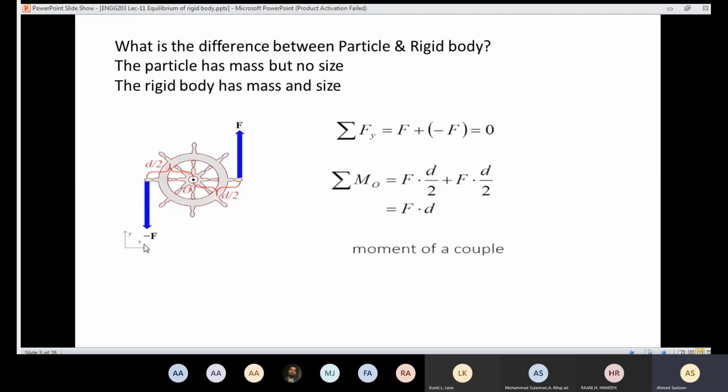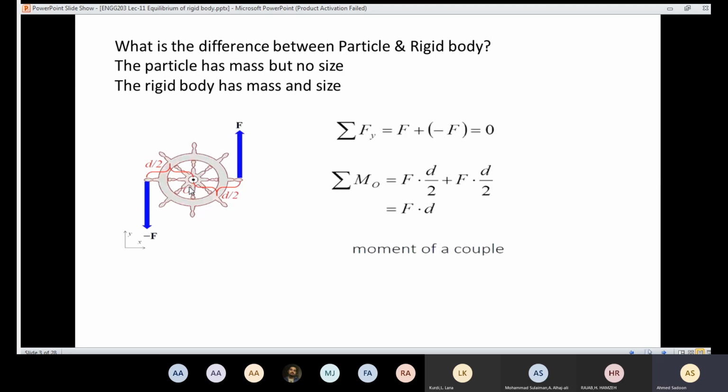If the body is in equilibrium, it means that I don't have movement in x or in y or in any direction. And I also have a new condition, which is that I don't want any rotation. In order to satisfy that condition, the moment about the point O should equal 0.